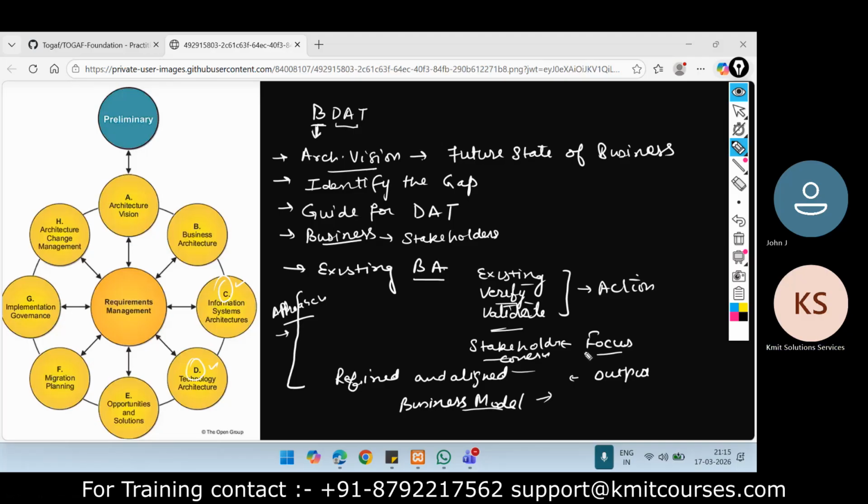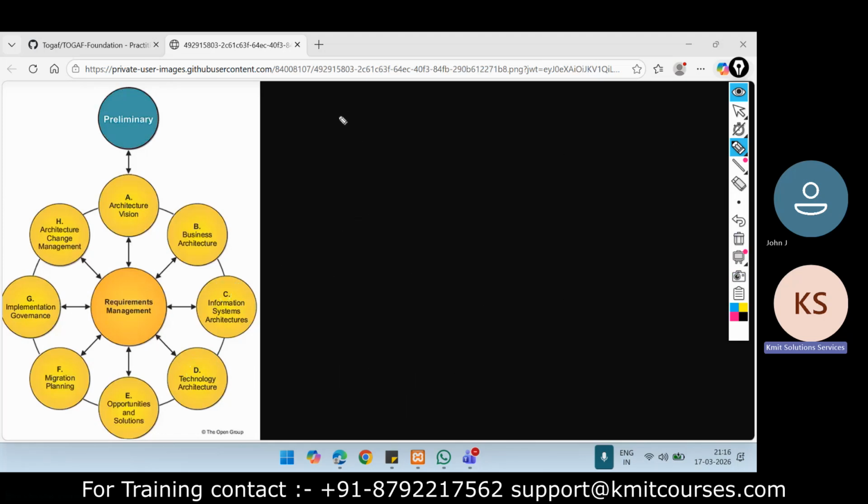Now, when we are talking about this approach, we are talking about something which we call stakeholder buy-in. So you need to gain that. Stakeholder buy-in means the stakeholder should agree on that, right?